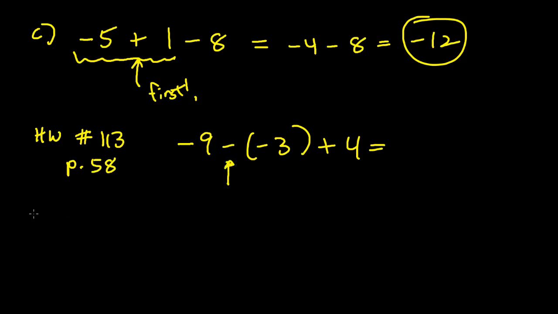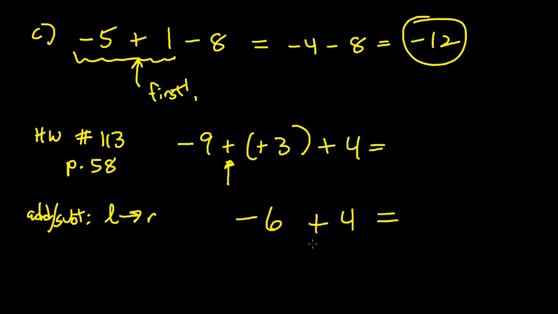We're just doing addition and subtraction, and when you're restricted to those two operations, then yes, you do go in order from left to right. So minus 9 minus minus 3. Well, a negative of a negative is positive, so I'll just take minus 9 and add 3, and of course I get a minus 6. Then I'll worry about the second one down the line. Minus 6 plus 4 is, of course, minus 2.